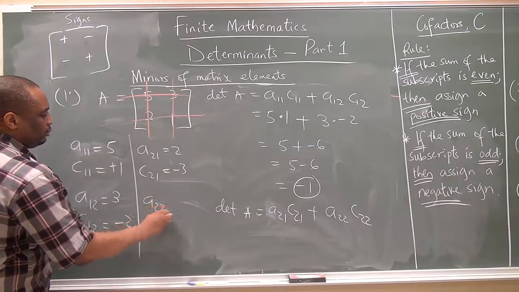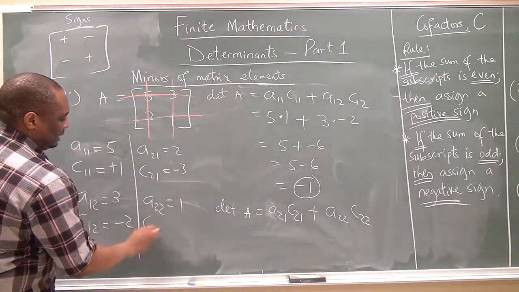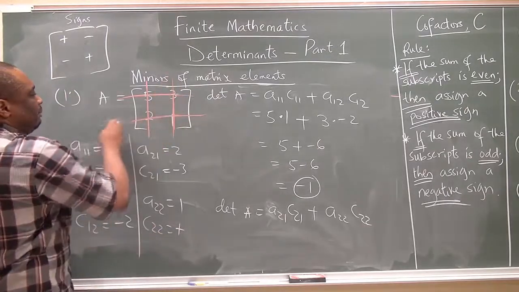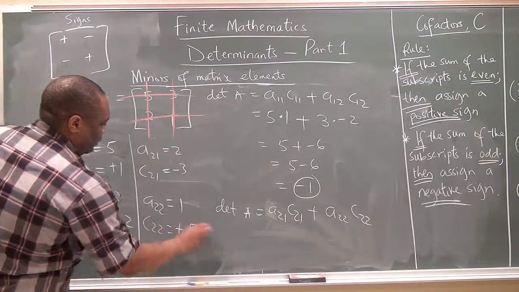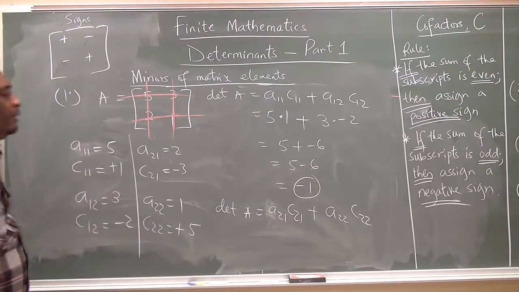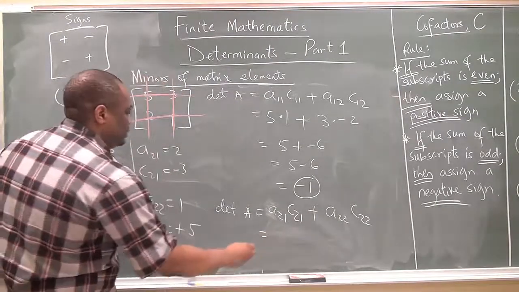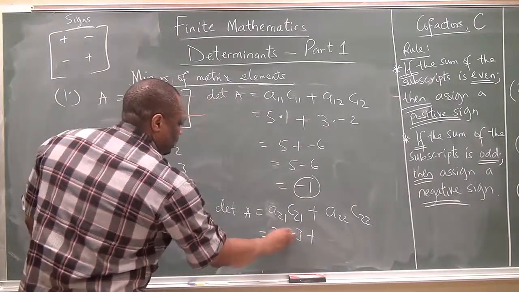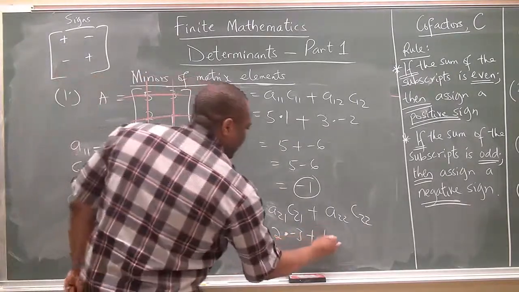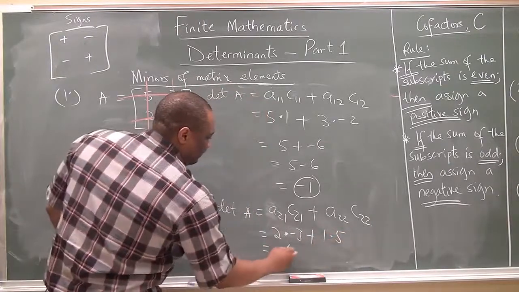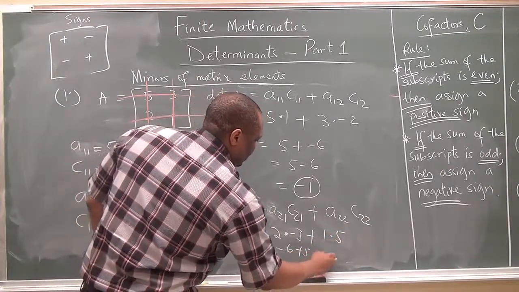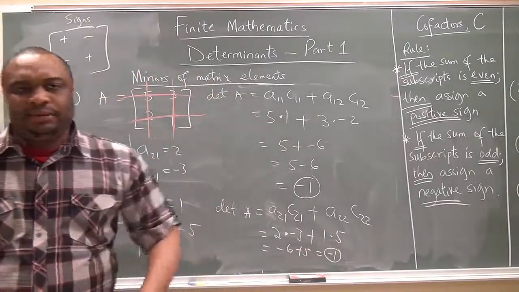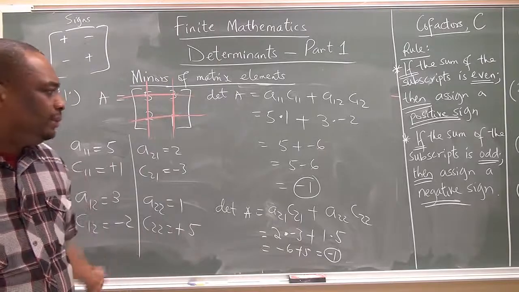Then A22 is 1, and C22 is plus 5. So this will now be 2 times negative 3 plus 1 times 5. That will give you negative 6 plus 5, and that will give you negative 1.